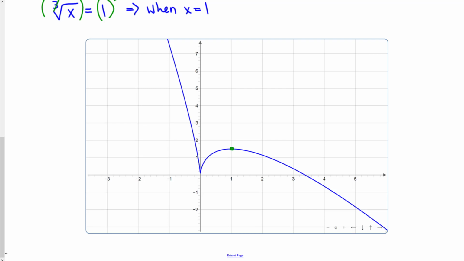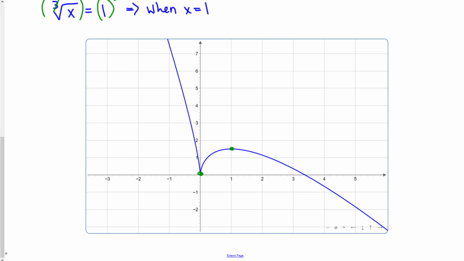That's a point where the first derivative would be 0. And then down here we also had a critical number, and this is where the first derivative is undefined at 0. That was a potential point for local minimum or maximum.